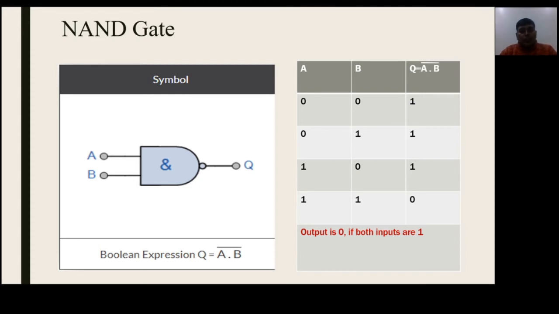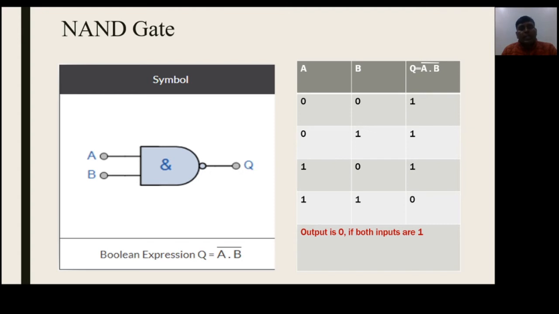Okay, so it is represented using A dot B, whole bar, because NOT gate puts the bar over A dot B. Okay, as the AND gate statement says, the output will be 1 where all the inputs are 1. But in NAND gate, output will be 0 where all the inputs are 1.